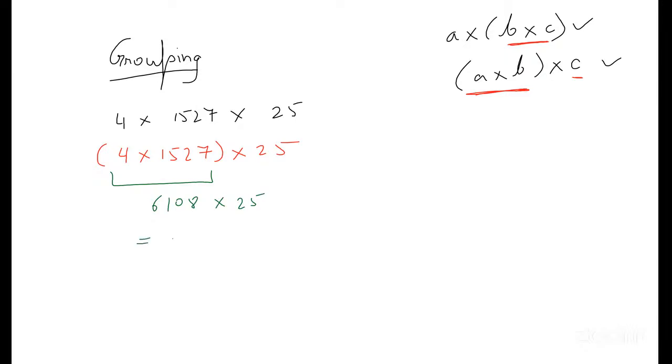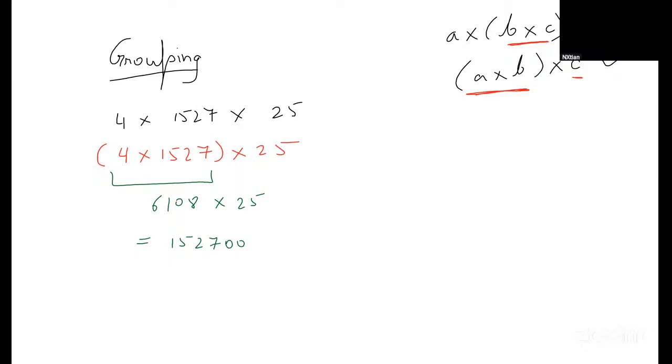Ma'am, can you explain once more? I didn't understand the grouping one. Okay, I will explain again. Grouping means when you have three numbers in multiplication, you multiply any two numbers together first, and then to what you get, you multiply the third number.